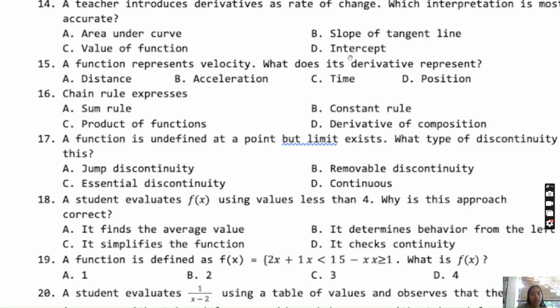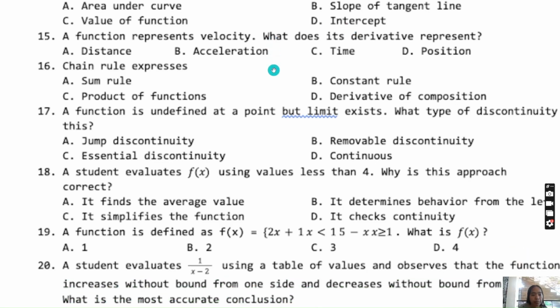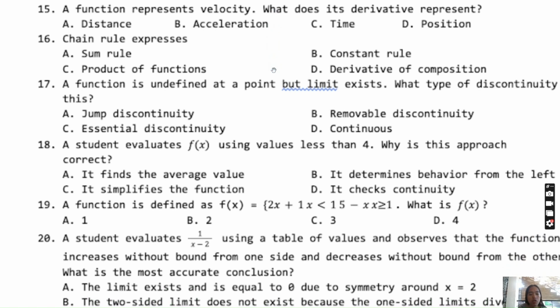So we are now in item number 15. A function represents velocity. What does its derivative represent? So the answer is letter B, acceleration. Because the derivative of velocity tells how velocity changes over time, and this is called acceleration.